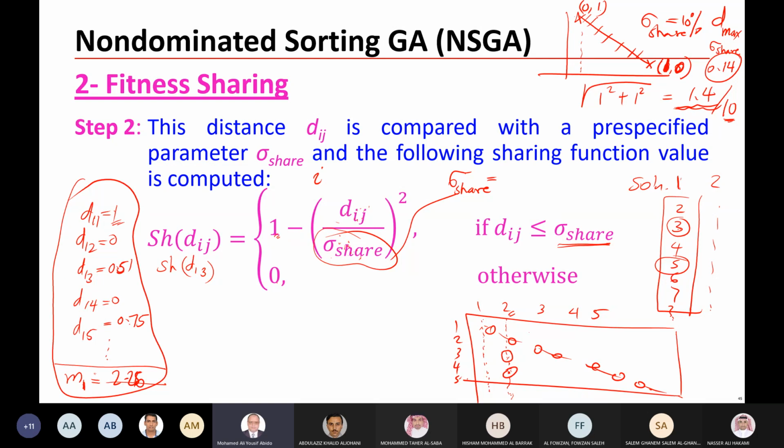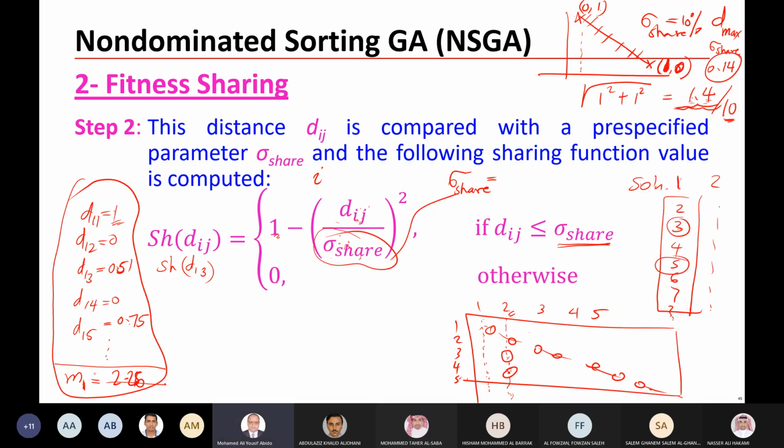Negative? Which one? What I'm trying to say is, if we go with 0.14, the whole term will be higher, 1 minus a big term here. No. Now Dij, this is the maximum distance. This is the maximum distance.